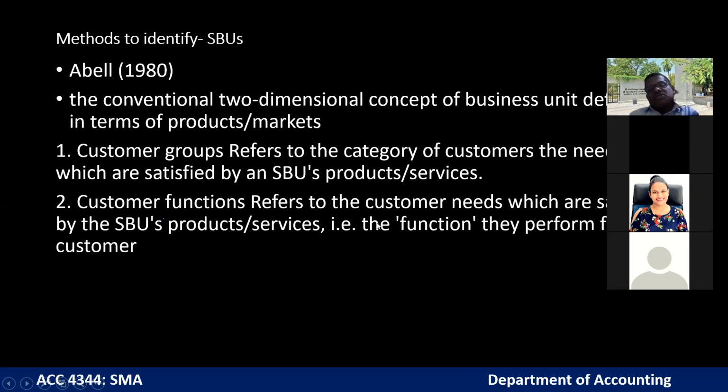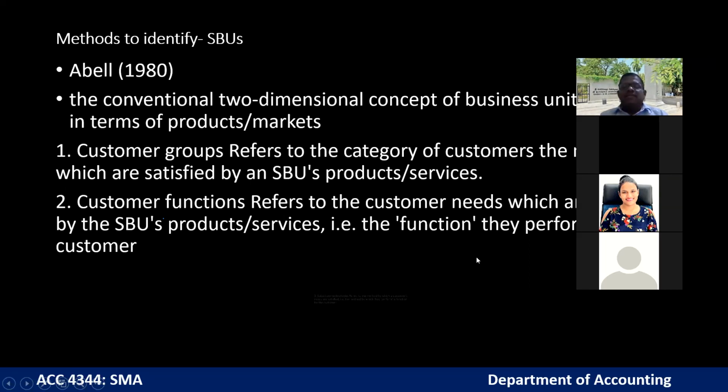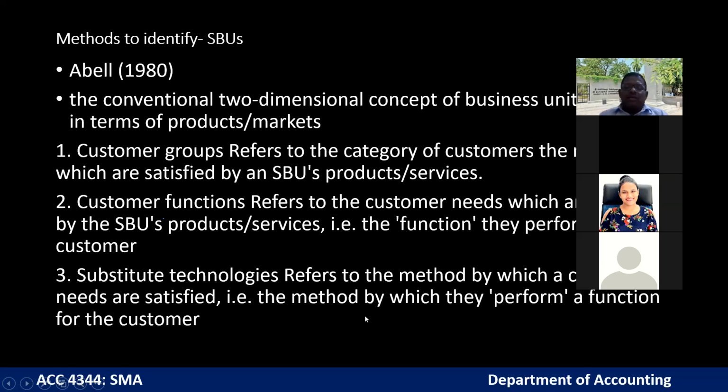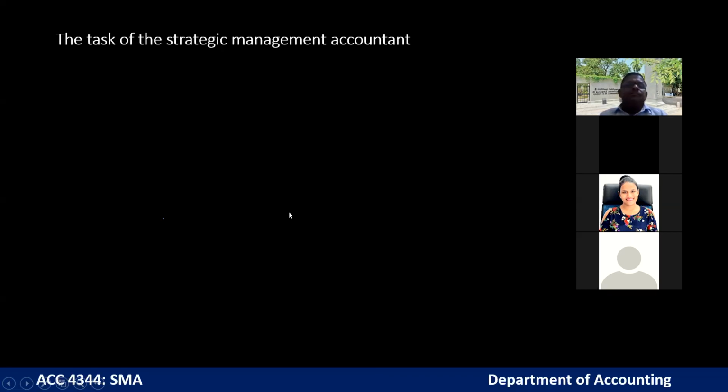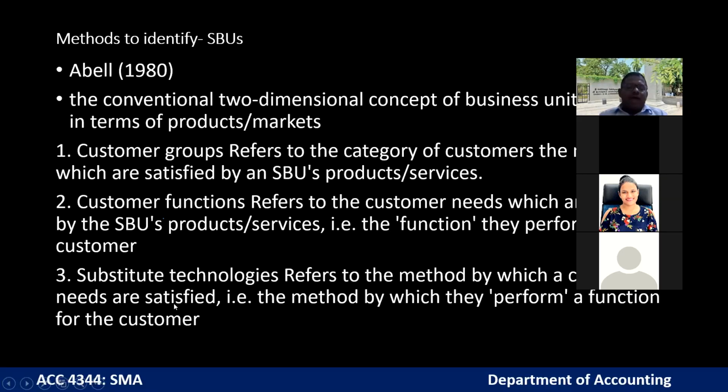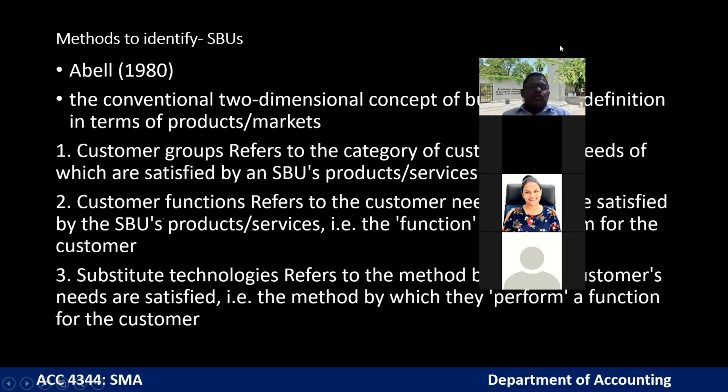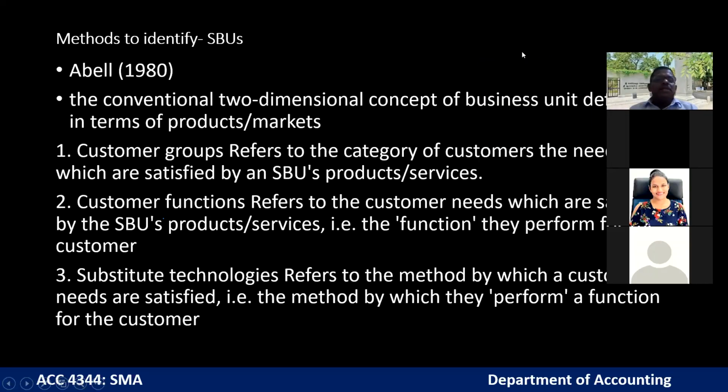The second one is customer function, which refers to the customer needs that are really satisfied by the SBU's product or service function. The substitute technology refers to the method by which customers' needs are satisfied, the method by which they perform for the customer.